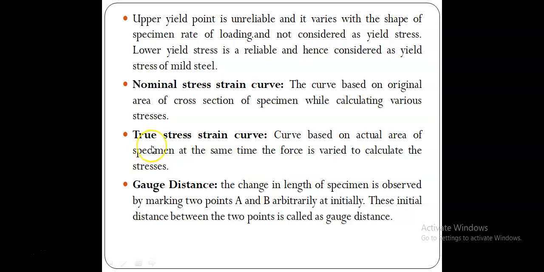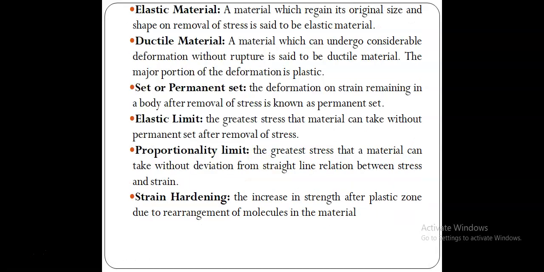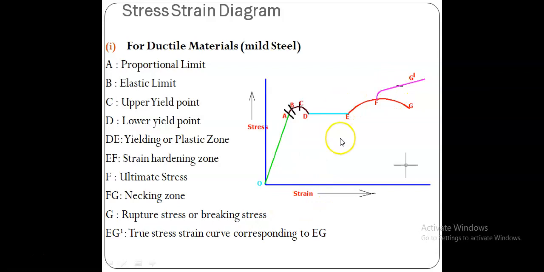Whereas there is another type of stress strain curve, the true stress strain curve, which is based on the actual area of the specimen. At the same time, the force is varied to calculate the stresses. Here the true stress curve means you see the FG dash. This is nothing but the curve corresponding to the necking area being considered.